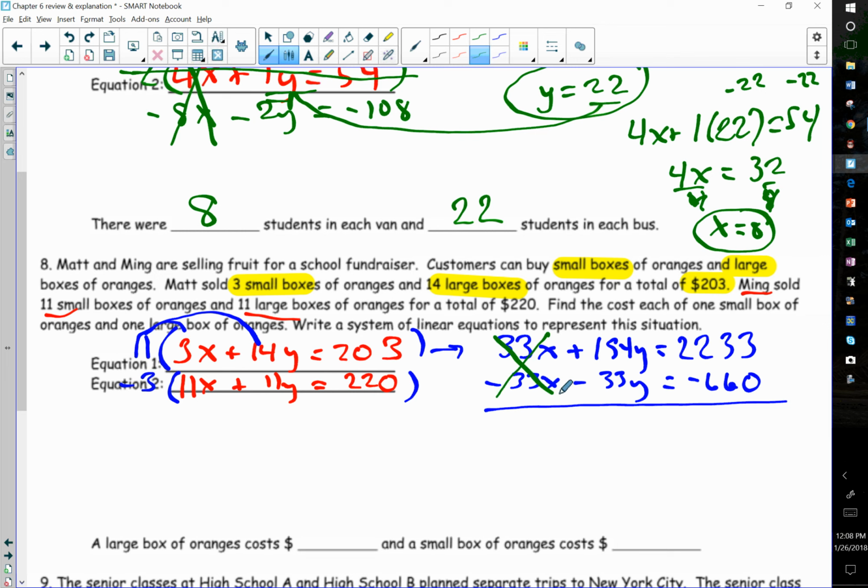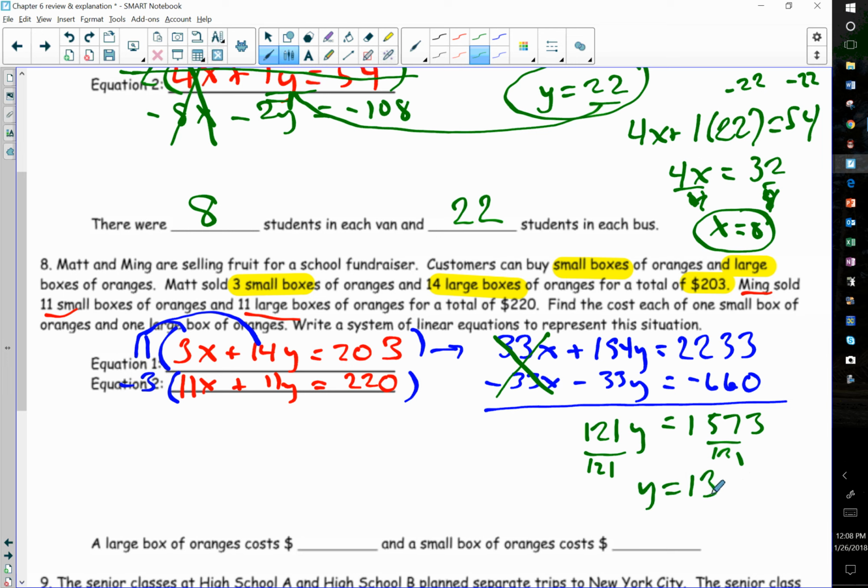The x's go away. 154 minus 33 is 121. Y equals 2,233 minus 660 is 1,573. Divide both sides by 121, and you get y equals 13.